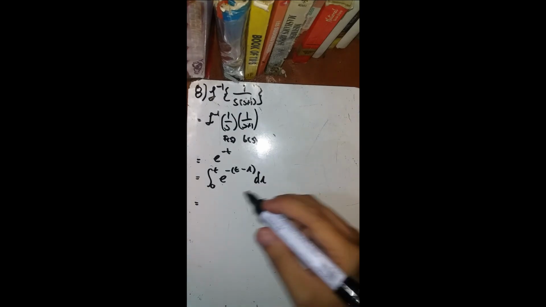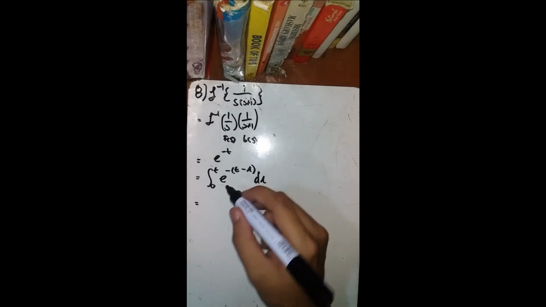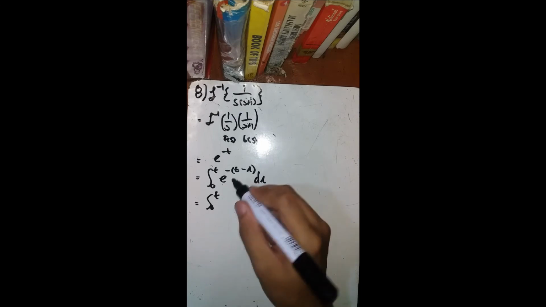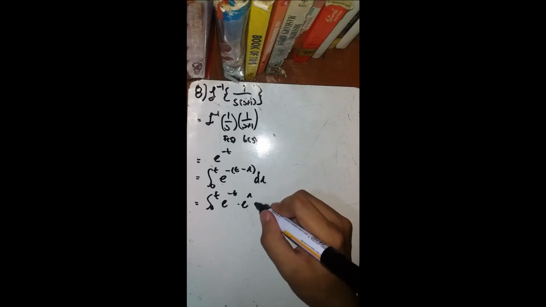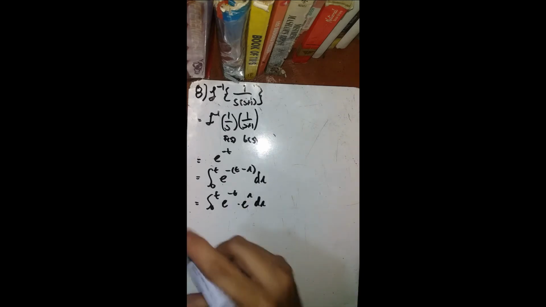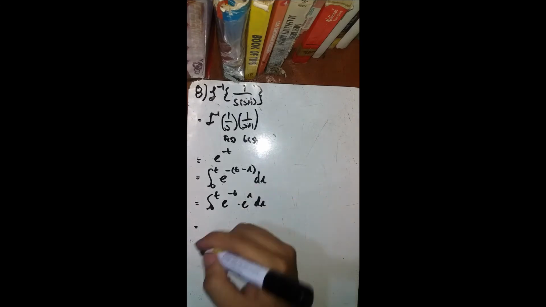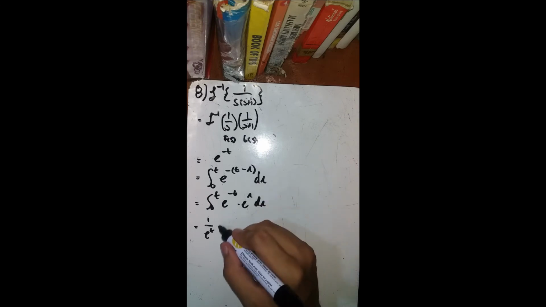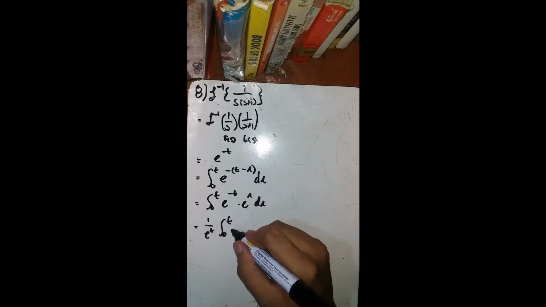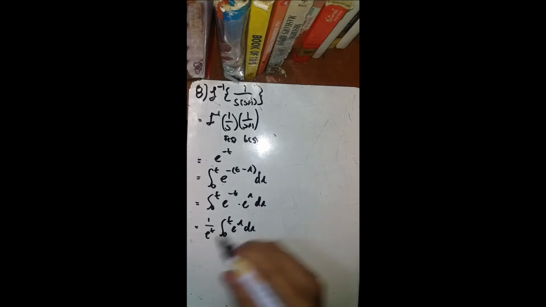Okay, now we're going to separate this: e raised to negative t times e raised to lambda d lambda. We can take this out, and since it is negative, we put down e raised to t. What's left inside is e raised to lambda d lambda.